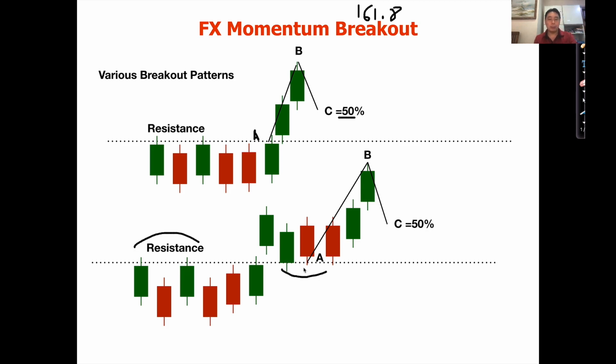So resistance has become support. So this dotted line is my level of resistance, okay? So again, A is where it is my level of resistance, and you can also say that A is where it started moving up. So notice that this wave, the wave that's going up, starts at A over there. And again, we are waiting for a 50% retracement with our buy limit order ready to enter.